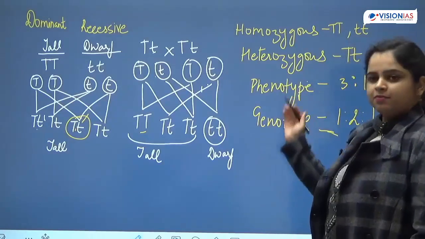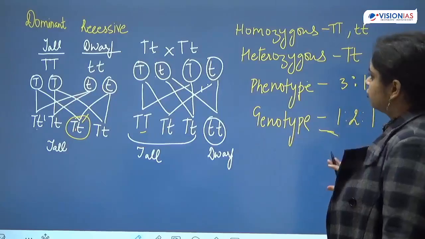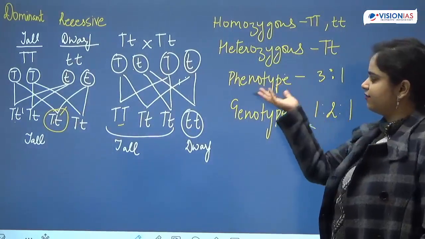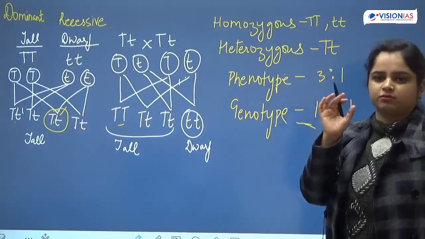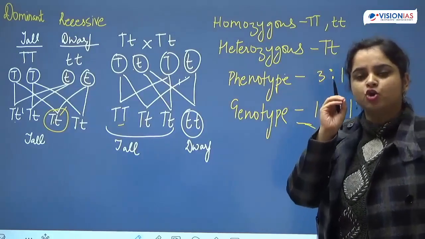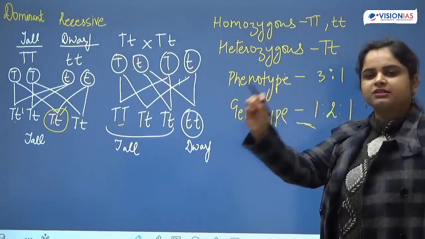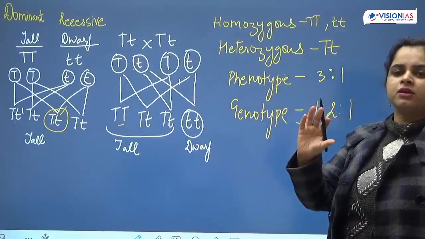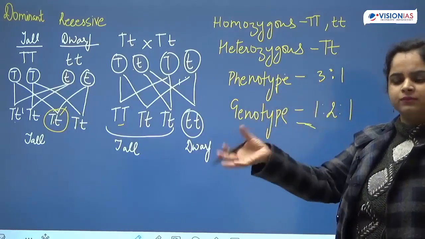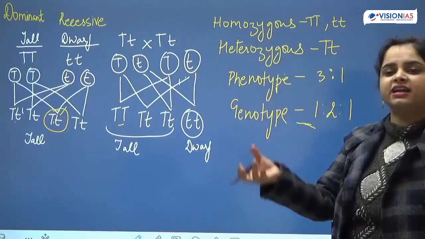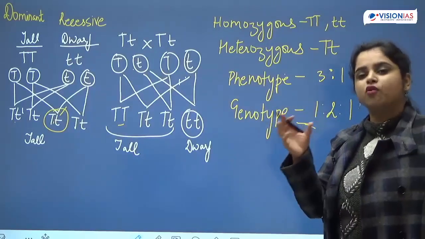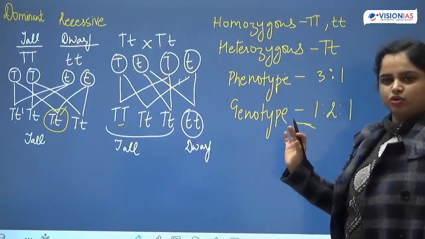Phenotype, genotype, जो दो words हैं, and the ratio. Let's talk about it again. Phenotype means observational. How something looks to us. What is the color of the flower? What is the color of the seed? Whatever character we can identify, whatever we can check, whatever we know for sure, that would be phenotype.